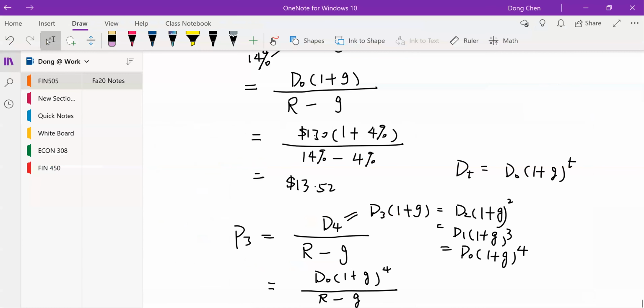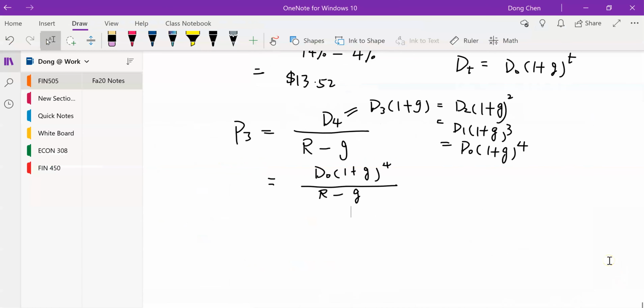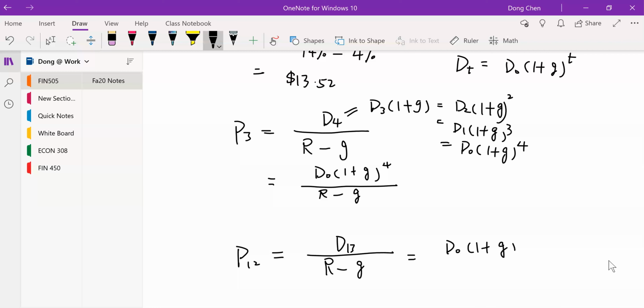So you can imagine the formula to get that is simply P12, that will be D13, one period ahead, divided by r minus g. And since we already know the formula for D, we can use that formula. So this is D0 times 1 plus g, raised to the power of 13, divided by r minus g.